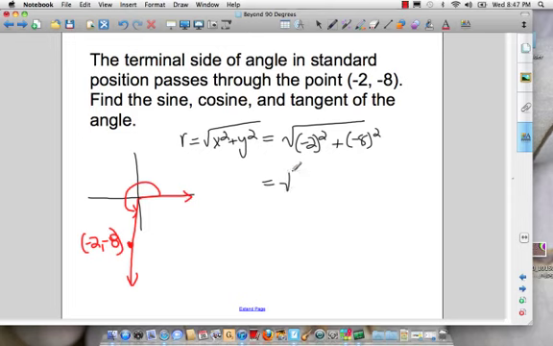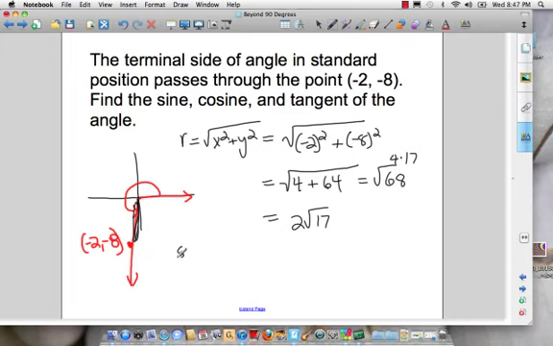Remember, when you square negatives, they become positive. So I get the square root of 68, which simplifies because 4 goes into 68 17 times. So that would be 2 square roots of 17. And that is actually the length of this segment from the origin to -2, -8.